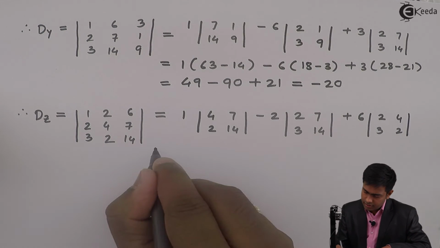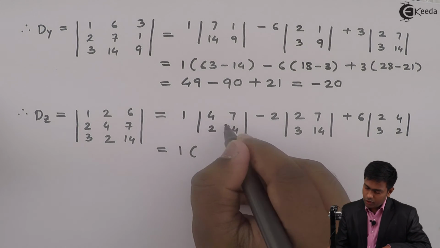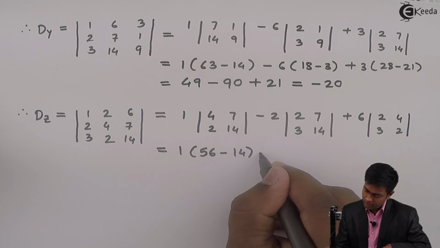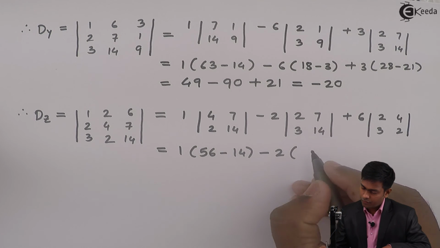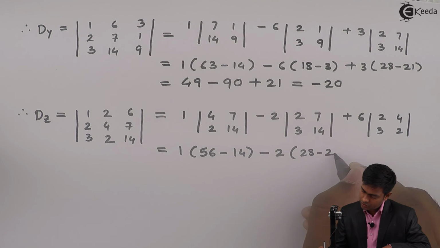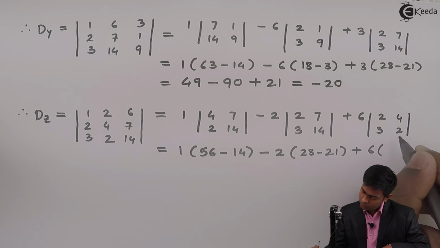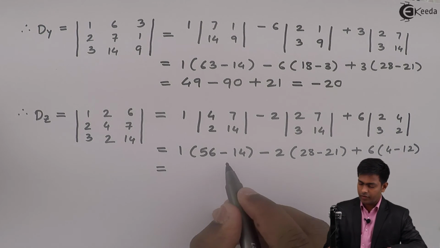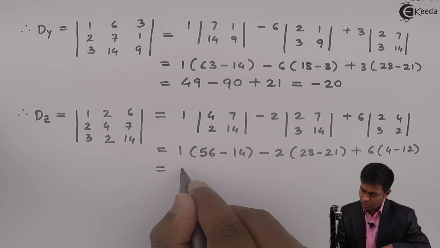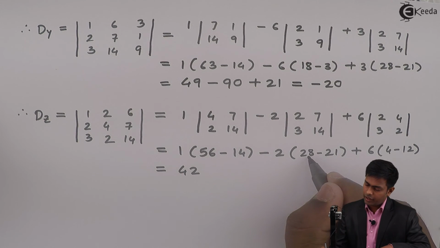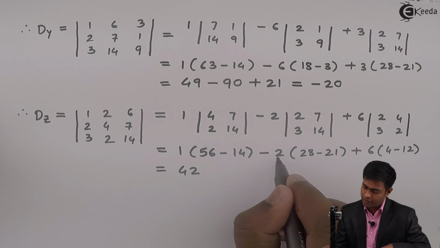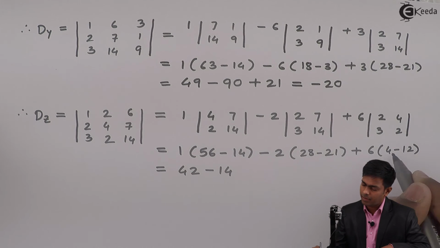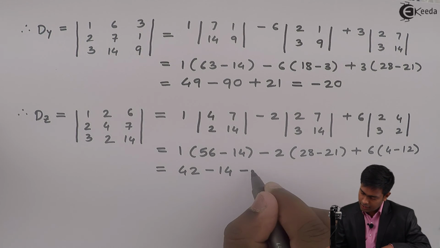So by solving this, here we will get 1, 14 4s are 56, minus 14, minus 2, 14 2s are 28, minus 21, plus 6 into 4 minus 12. So here we will get 42, 42 into 1, that is 42, 28 minus 21 is 7, 7 2s are 14, so minus 14. 4 minus 12 is minus 8, into 6, that is minus 48.